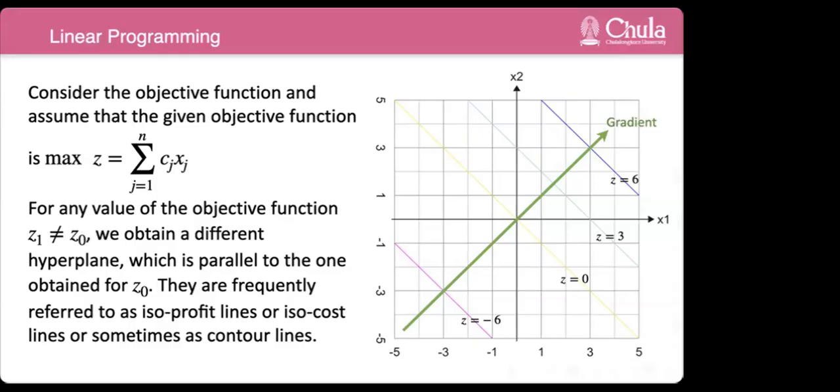Or we can treat it as a hyperplane. In 3 dimensions it's a plane, but in higher dimensions, of course, it's a hyperplane because you cannot write it as a normal plane.